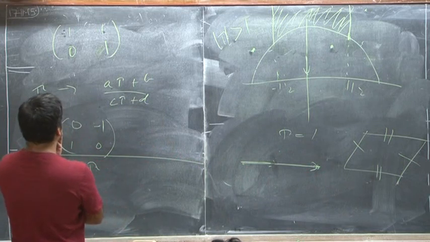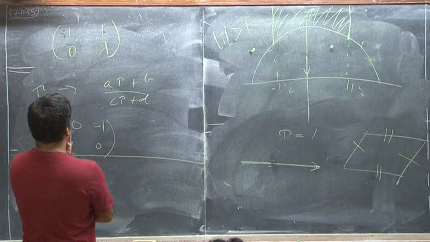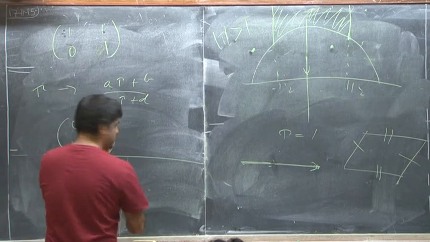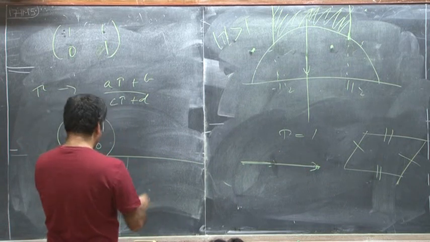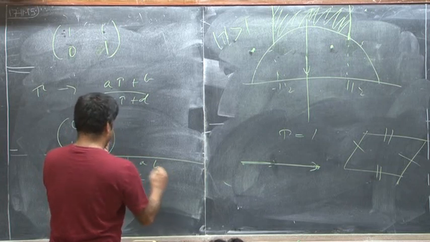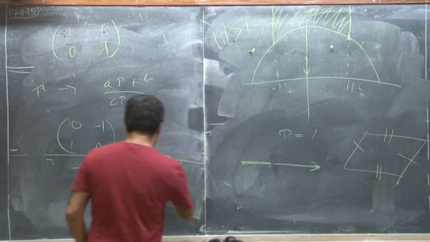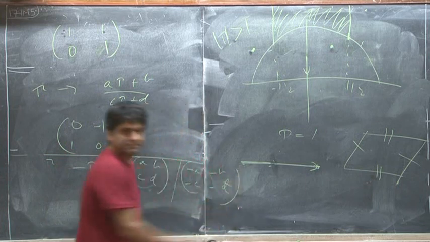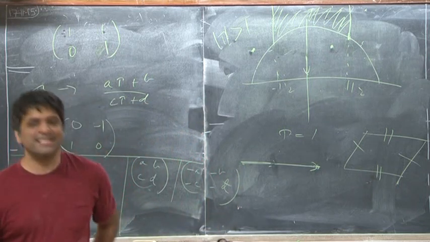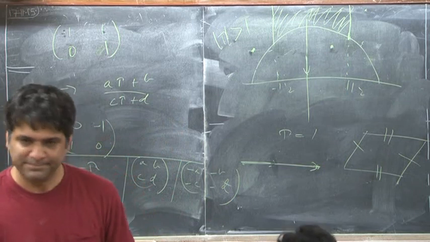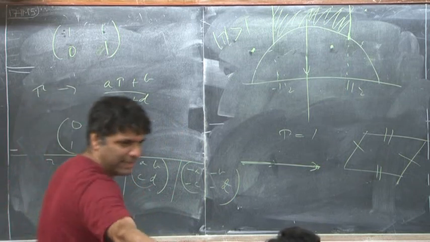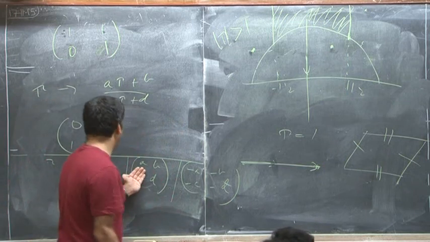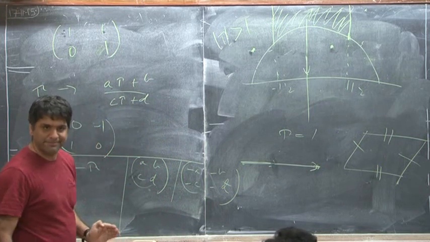See, suppose you have A, B, C, D, and you look at minus A, minus B, minus C, minus D. As matrices, these are different, but clearly they give the same identification.